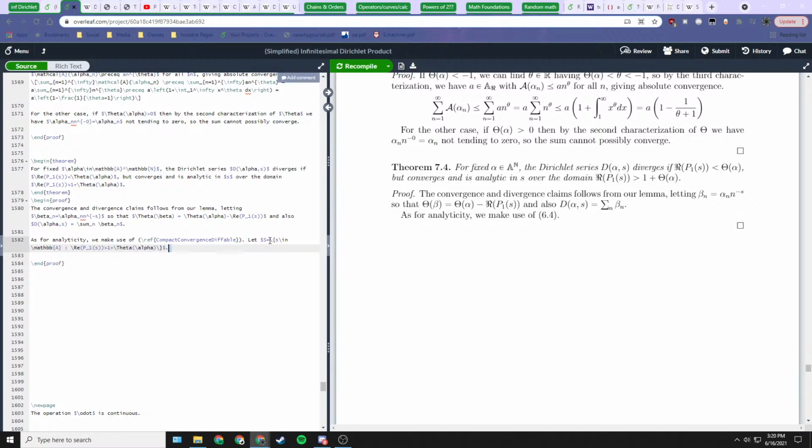This is an open set, so it's going to be a proper domain immediately. S is an open set, so it is also a proper domain.